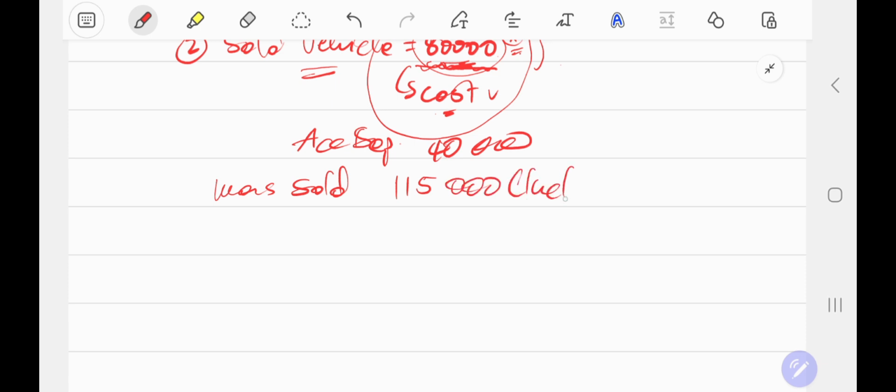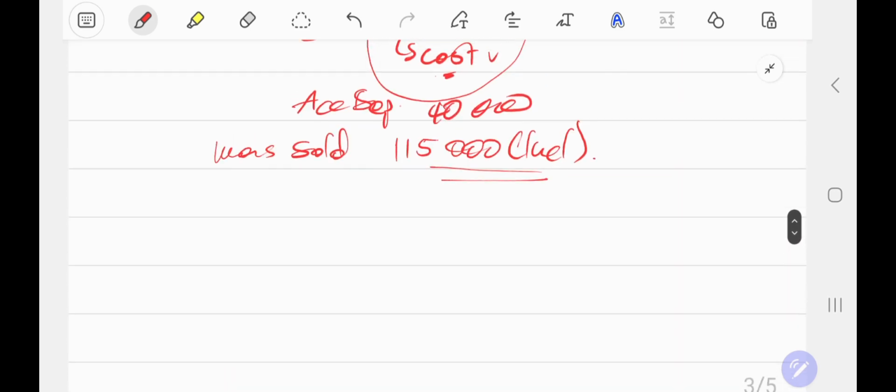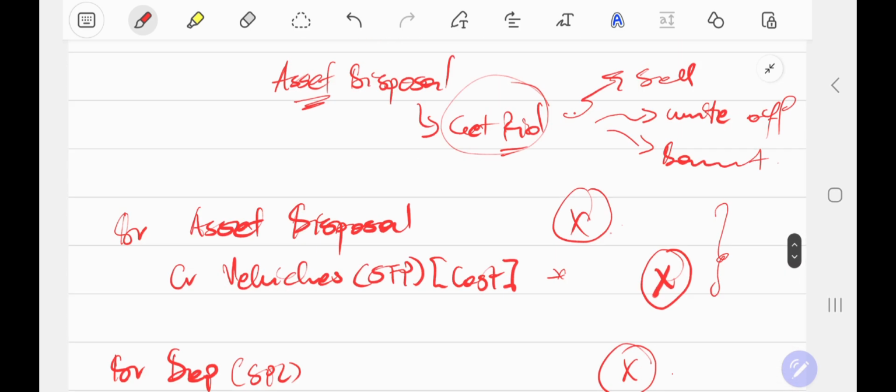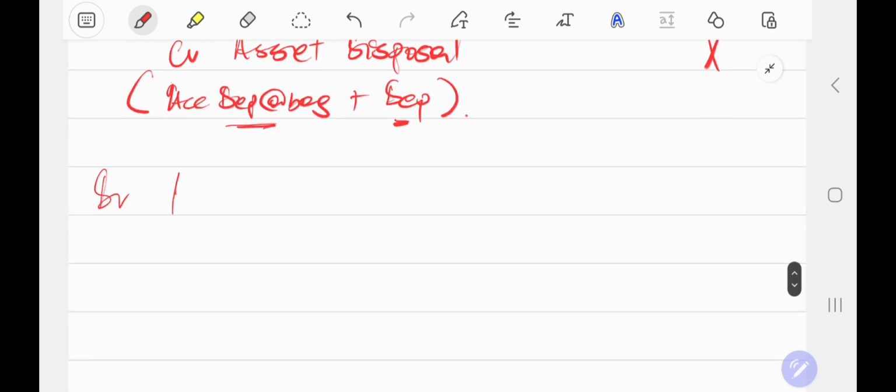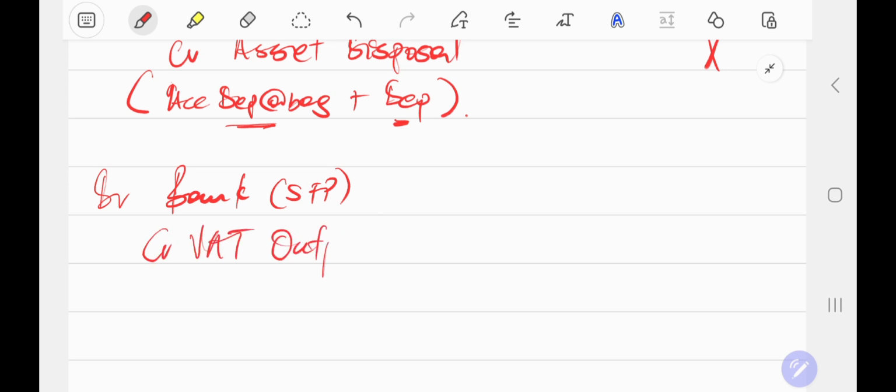This amount is including VAT. That means that when you record now the proceeds from the sale, when you record the income from the sale, you'll debit bank, which is SFP, right? And then since you are selling an item, you'll credit VAT output, right? So the VAT output is SFP.